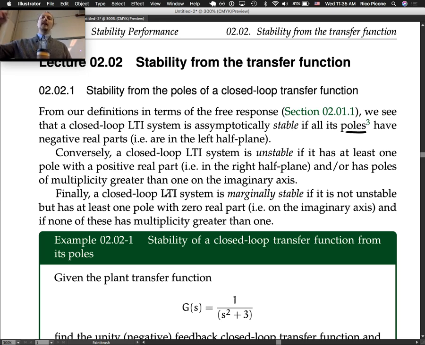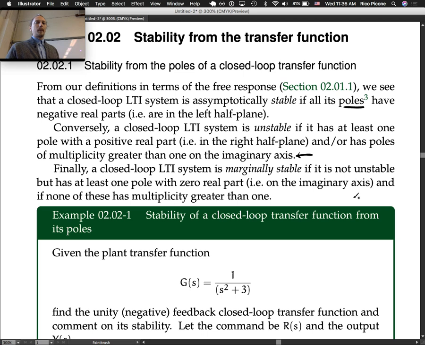In other words, one in the right half plane, and or has poles of multiplicity greater than one on the imaginary axis. This one's a little bit more subtle, but it's also true. It arises from the fact that if you have a pole of multiplicity greater than one, so there's like two on top of each other, a double pole we call it, or a triple pole or whatever, then in your solution to the differential equation, that's not going to contribute just an e to the lambda t.